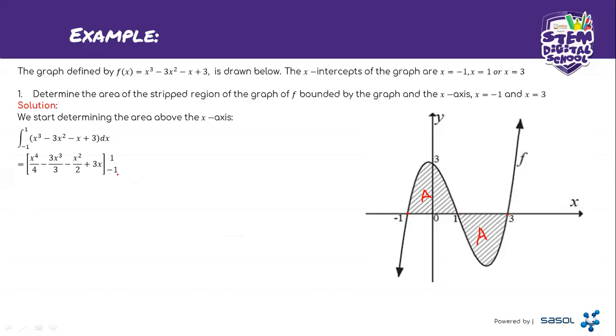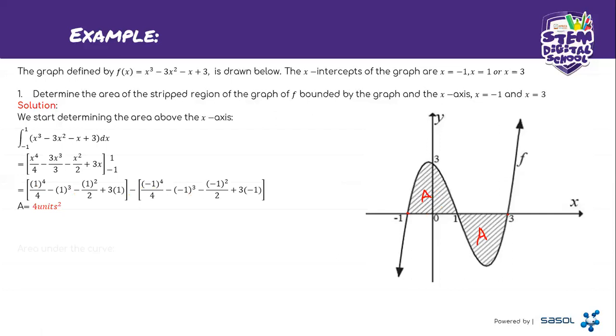Then the third step, you substitute 1 where you see x, minus the lower limit, which is -1. Then you press everything in your calculator and you obtain 4 units squared. So this is the first area, the one above the x-axis.